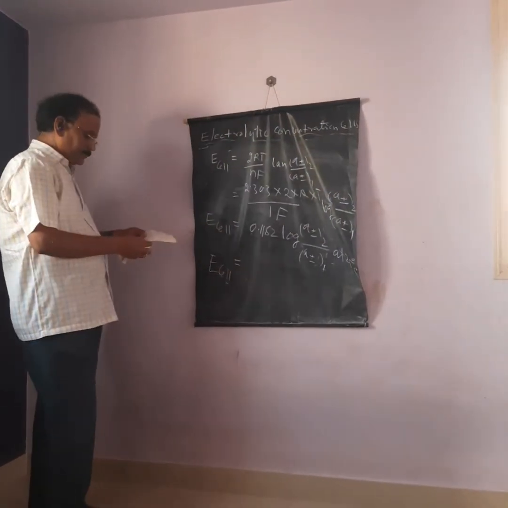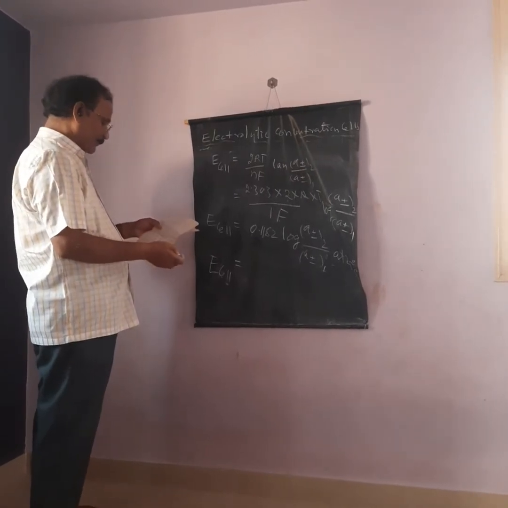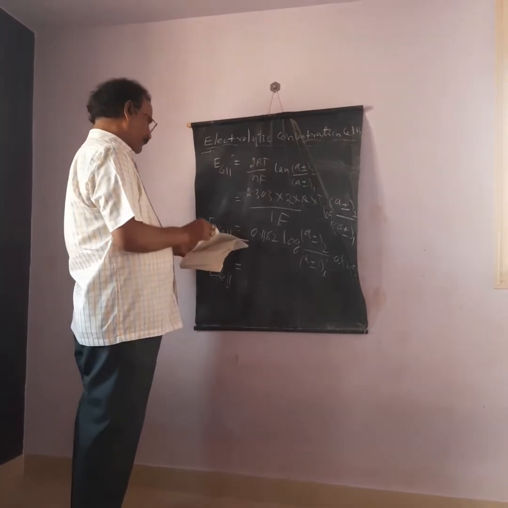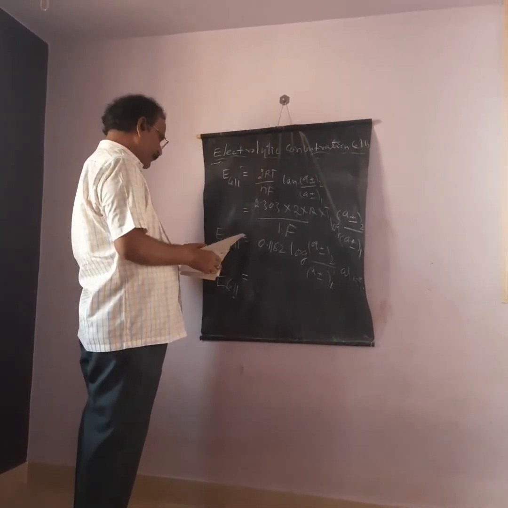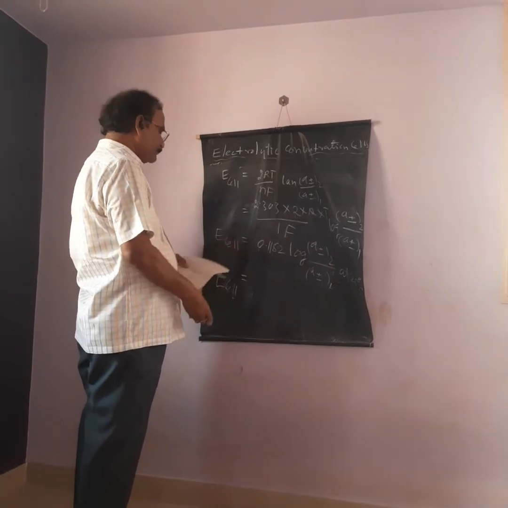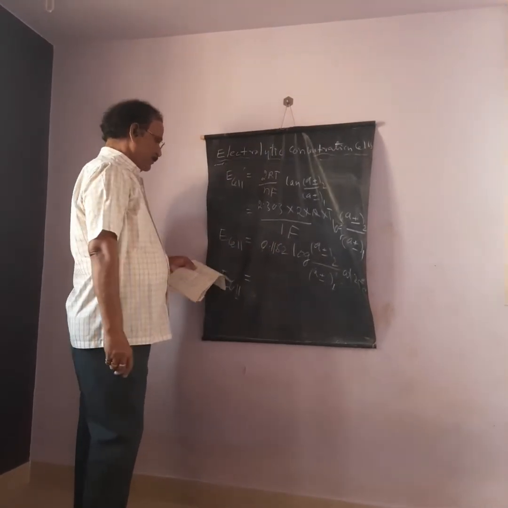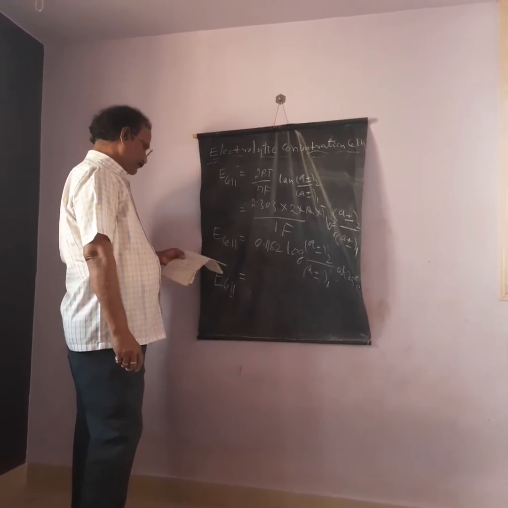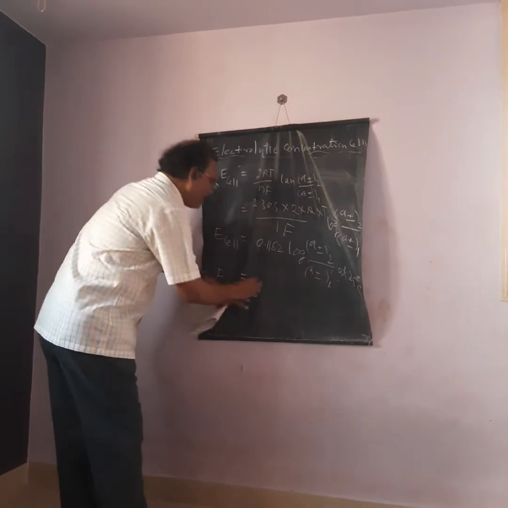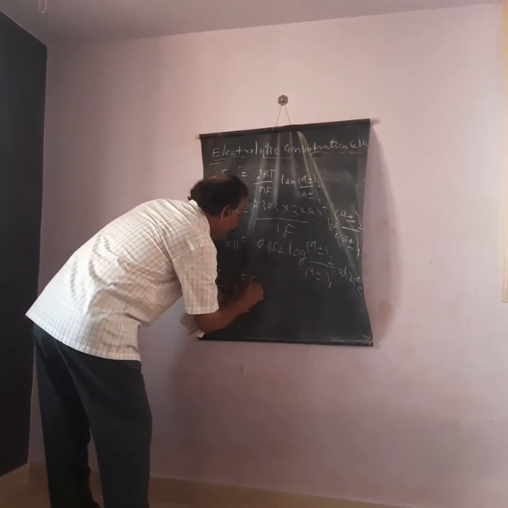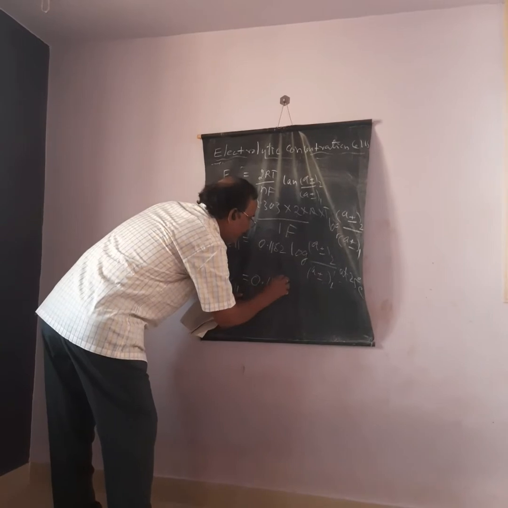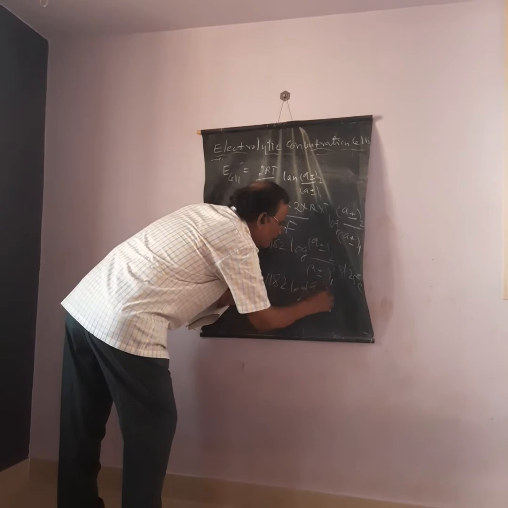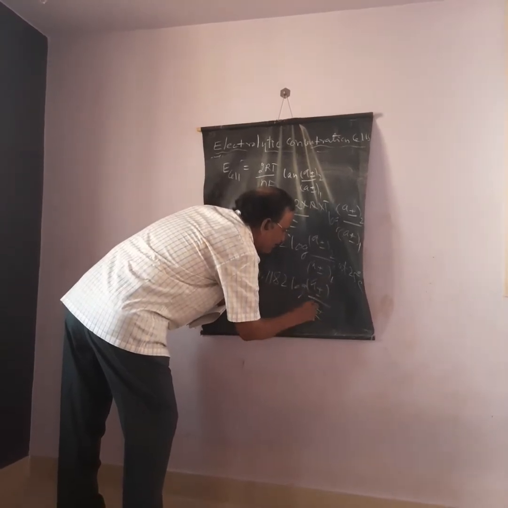So you can write it as 0.1182 into the logarithm of A plus or minus 2 divided by A plus or minus 1.